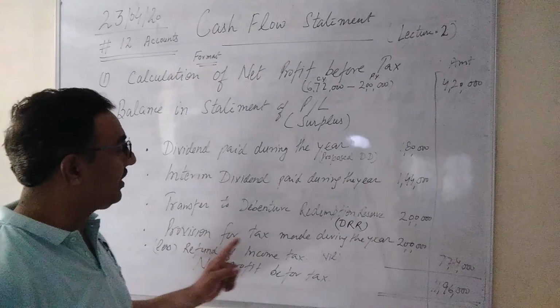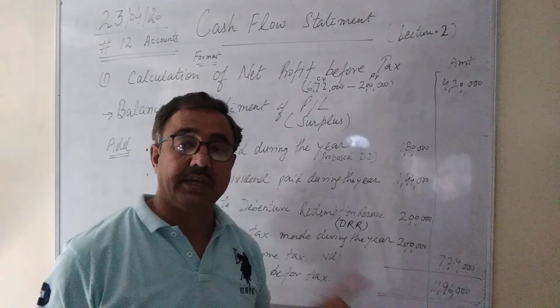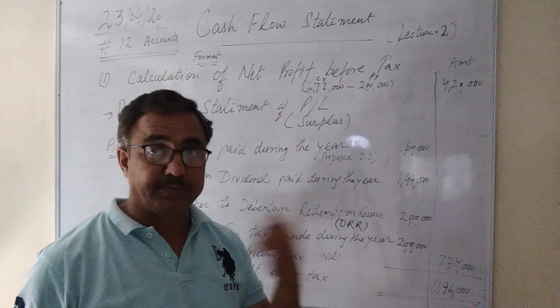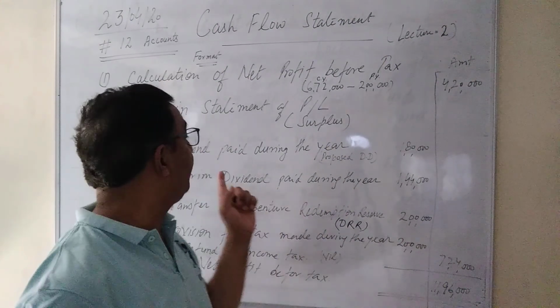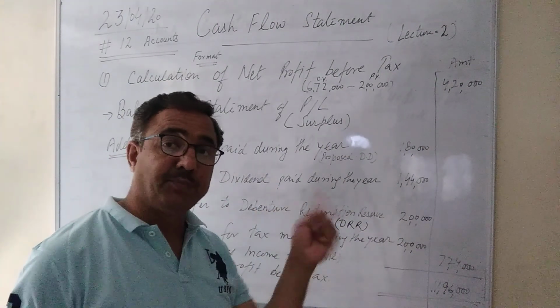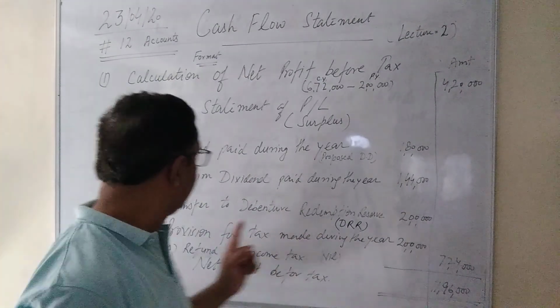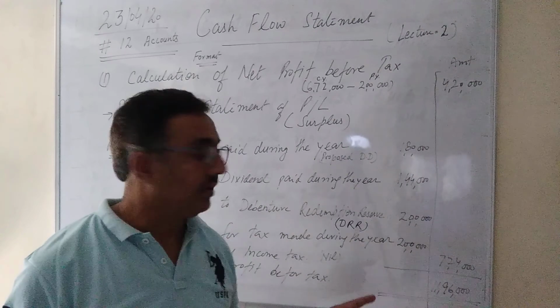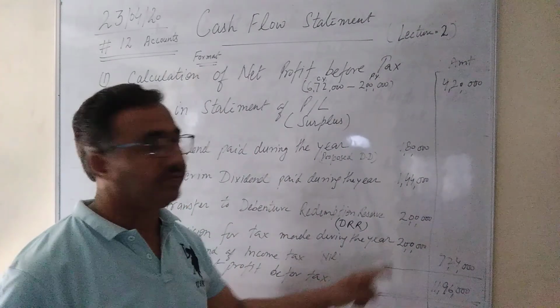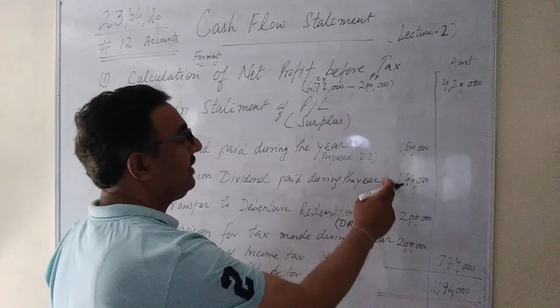Then provision for tax made during the year. Here it is provision, not tax paid. In dividend, that was dividend paid, interim dividend paid. But for tax, provision for tax made. That is 2 lakh.